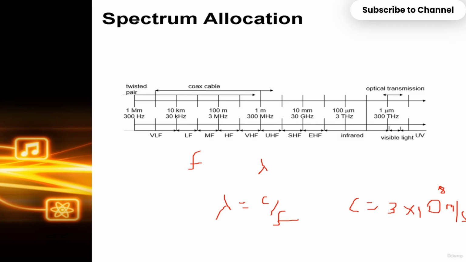According to this formula, lambda is equal to c by f, you can understand that the frequency and the wavelength are inversely proportional.